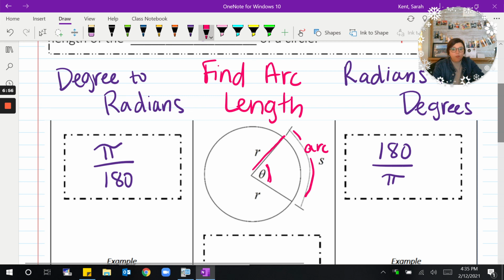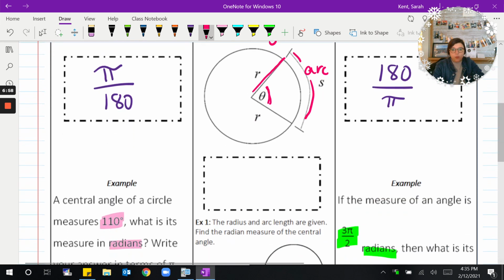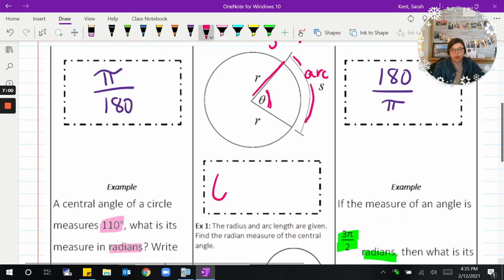We have a formula, an equation that we'll use, which is theta, our angle, equals arc over radius. And we'll use this with all of these. If we have an arc and a radius, they want an angle. If we have an angle and a radius, they want the arc. We'll use this formula.